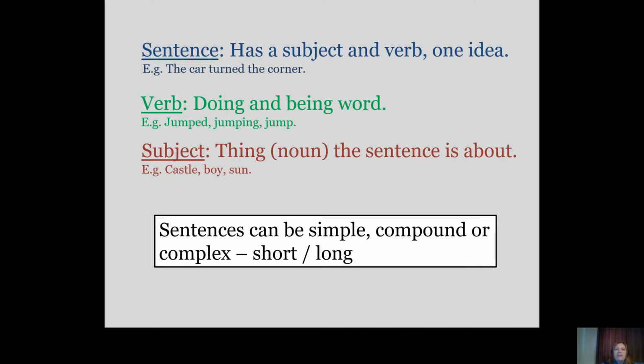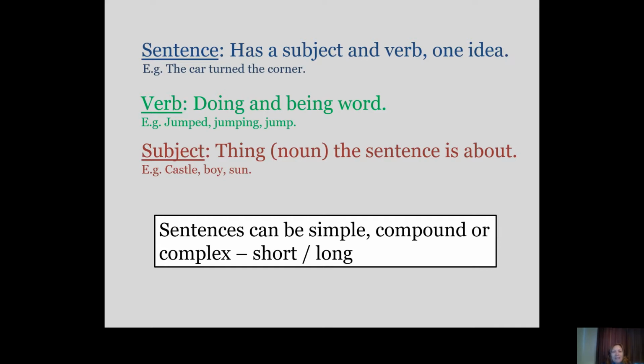As you can see there in green, the verbs are the doing or being word, and we talk about being because 'to be' is actually a verb in itself, and we look at that a bit further on. But it's also a doing word. It could be an action, it could be an emotion. And it's important to remember that as well.